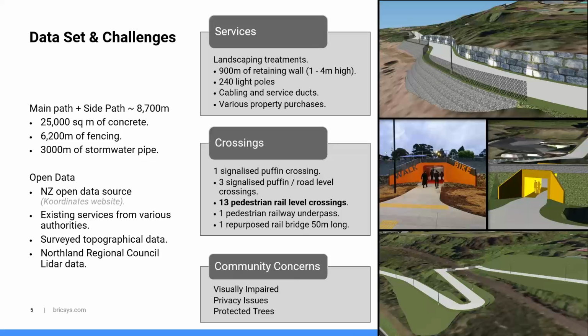So some examples of those are visually impaired people, privacy issues for properties bordering the shared path. Where we can, we try and use existing trees to enhance the experience. Sometimes that isn't possible. Yeah.